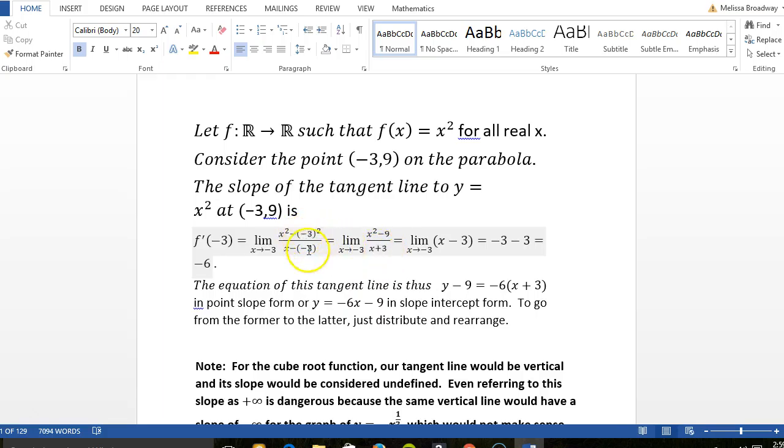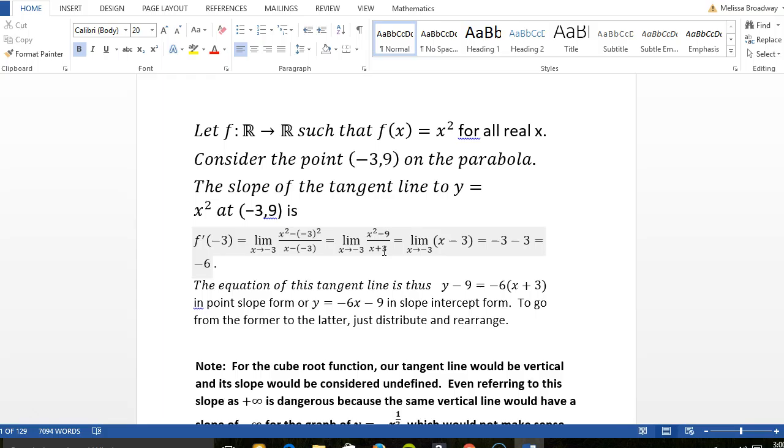Now watch out. On the top, negative 3 does square to 9, but the negative in the middle, guys, isn't going away, okay? So we get x squared minus 9. Now, if I factor x squared minus 9, I get x minus 3 times x plus 3. I kind of skipped that step, but the golden goose is that x plus 3 is going to cancel with the x plus 3 in the denominator.